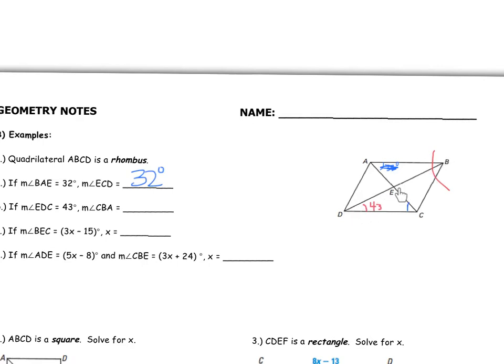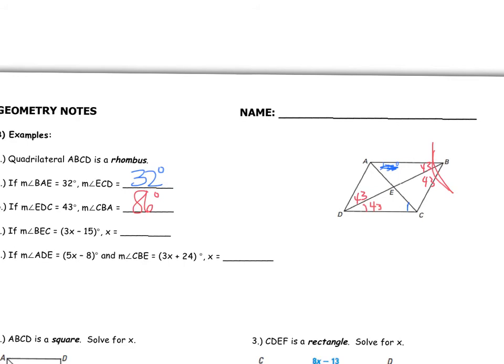This diagonal cuts this whole angle in half. So if this part is 43, that part is 43, that part is 43, that part is 43. All of those have to be the same. So if I'm looking for the measure of that whole angle, that's just 43 and 43, which is 86 degrees.